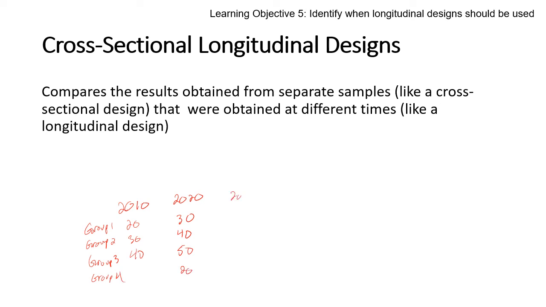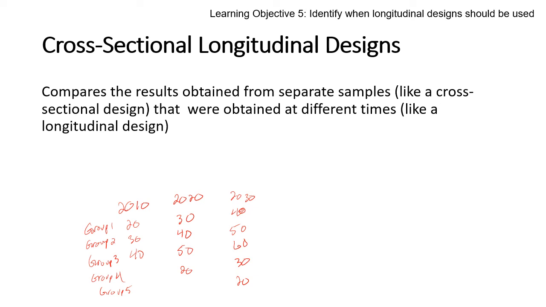Now in 2030, we go back to these same participants. Now we measure these in their 40s, 50s, 60s, 30s, and now we get another group that we measure in their 20s. As you can see, this is a lot of work to do, but we eliminate the problems of our cross-sectional because we're looking at it now longitudinally.